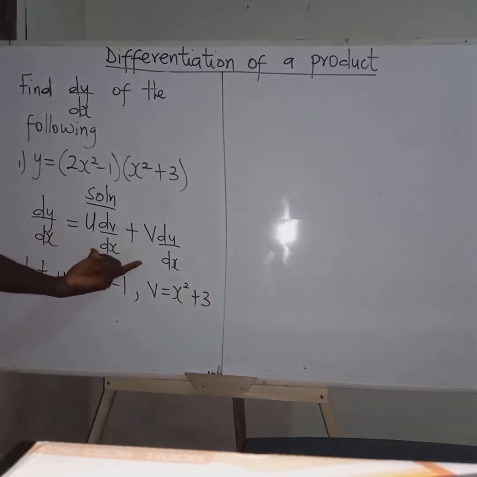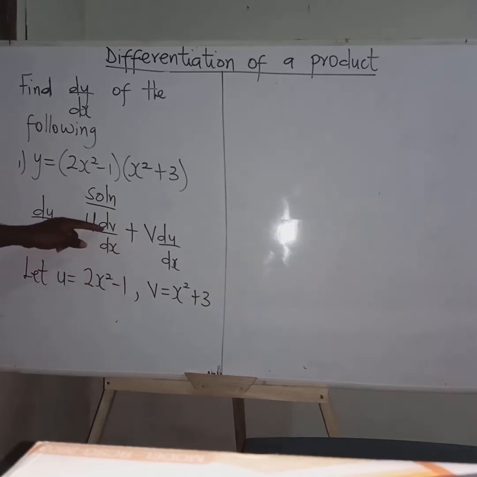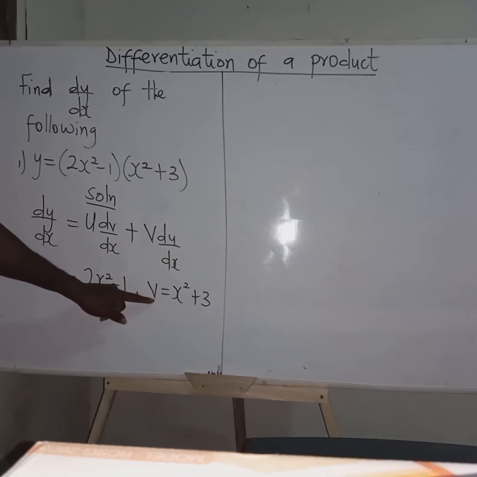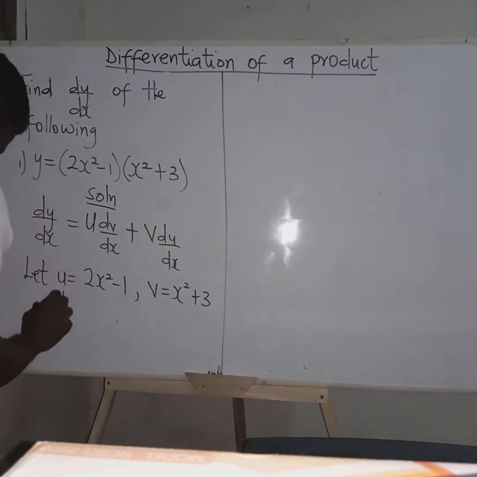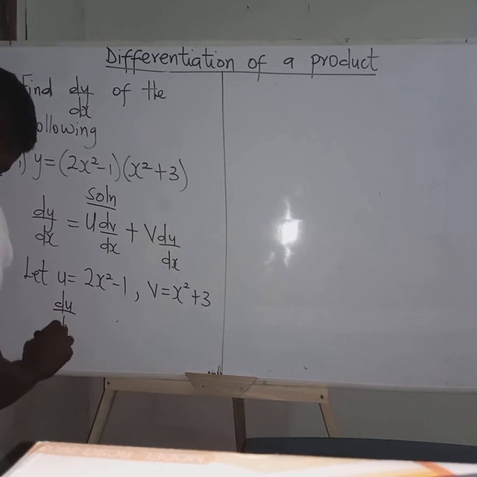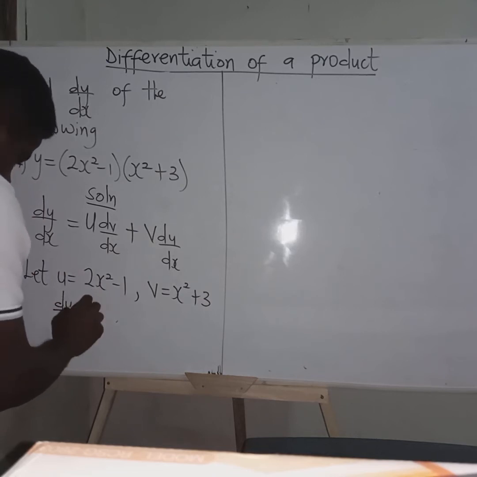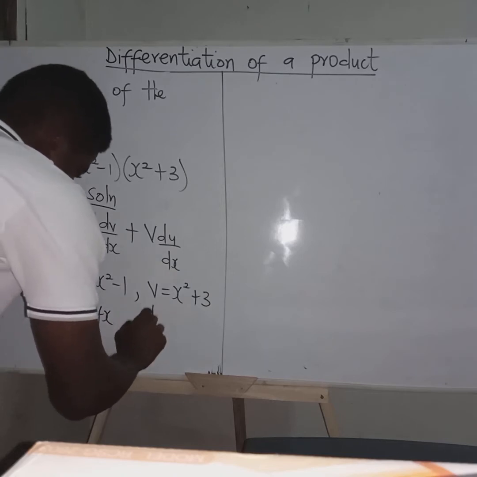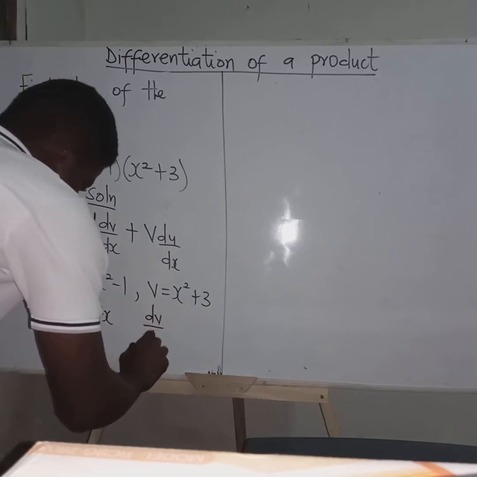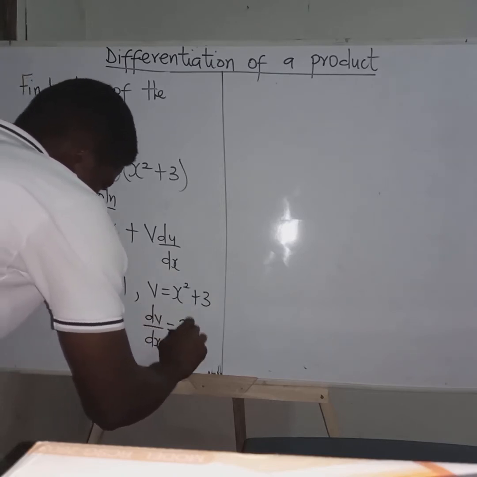From our product formula, we will need dv with respect to x, and we will also need du with respect to x. So we need to differentiate u with respect to x and also differentiate v with respect to x. So du over dx will give us 4x, and dv over dx is equal to 2x.